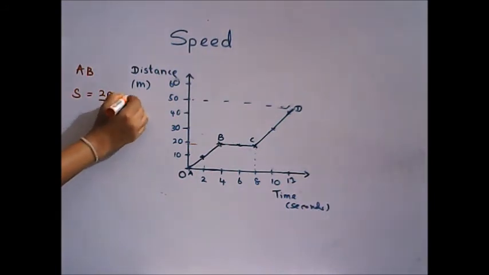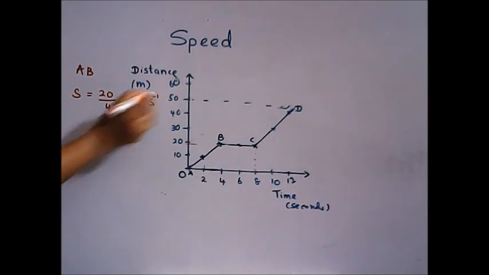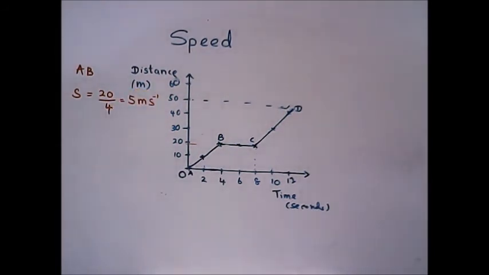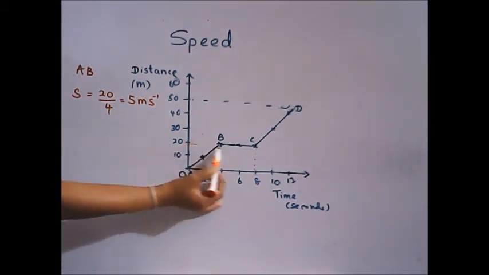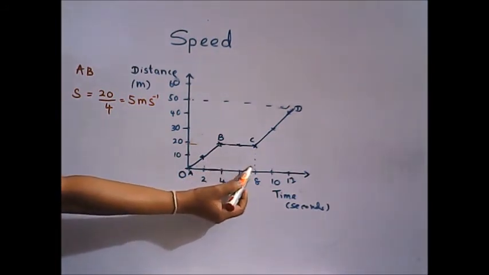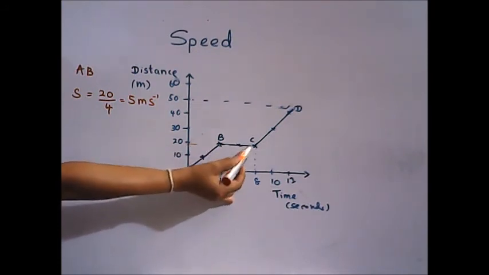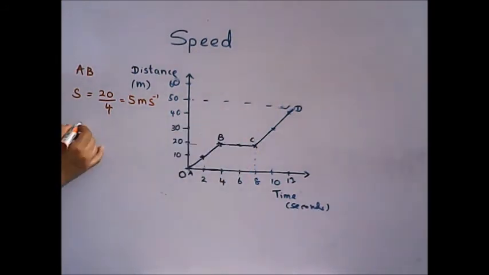Then speed is 5 meters per second. Now between B and C, the distance has not changed, only the time has changed because he is in the shop.